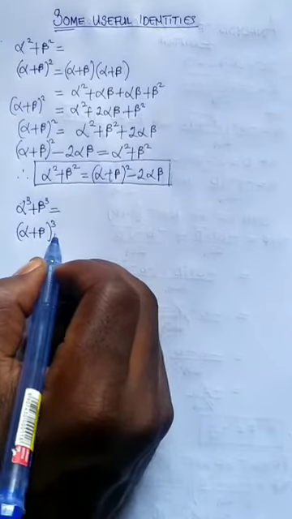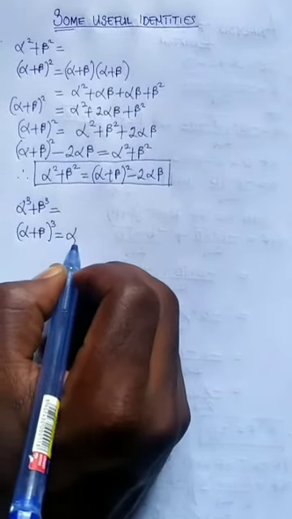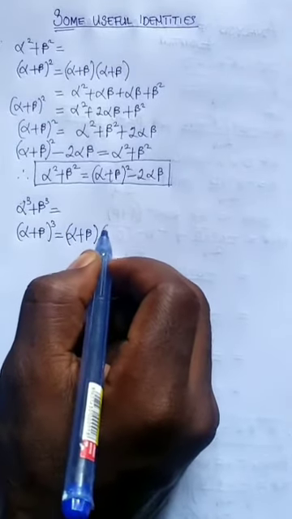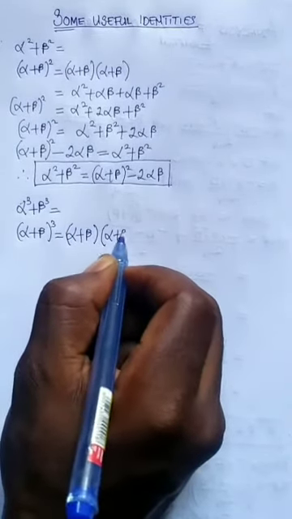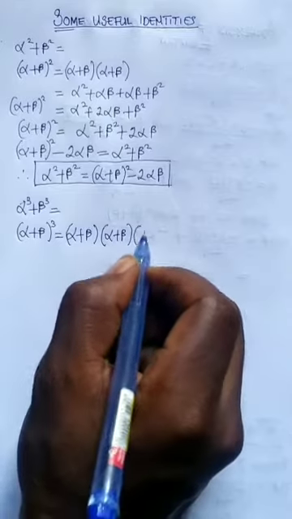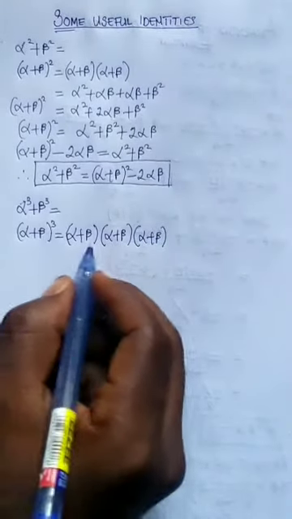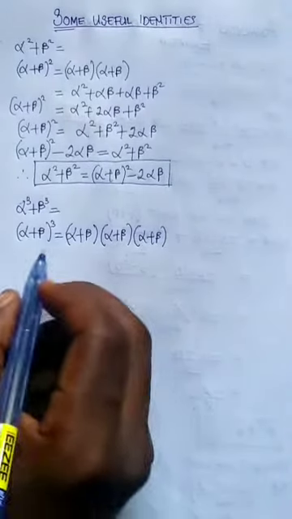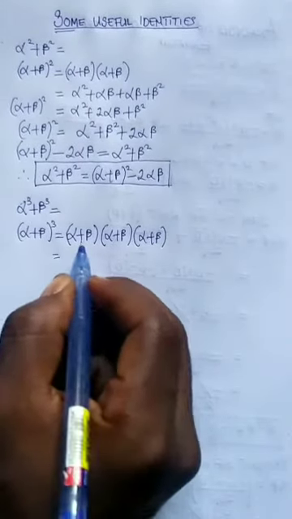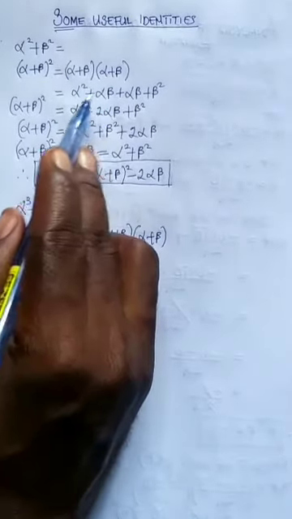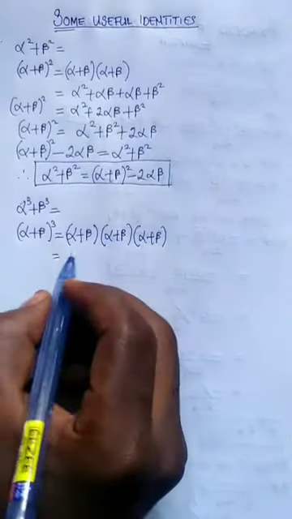So this will give me alpha plus beta, alpha plus beta, and alpha plus beta, because of the power, so into 3. Now we know that when we expand these 2, which we expanded here, we're having this.